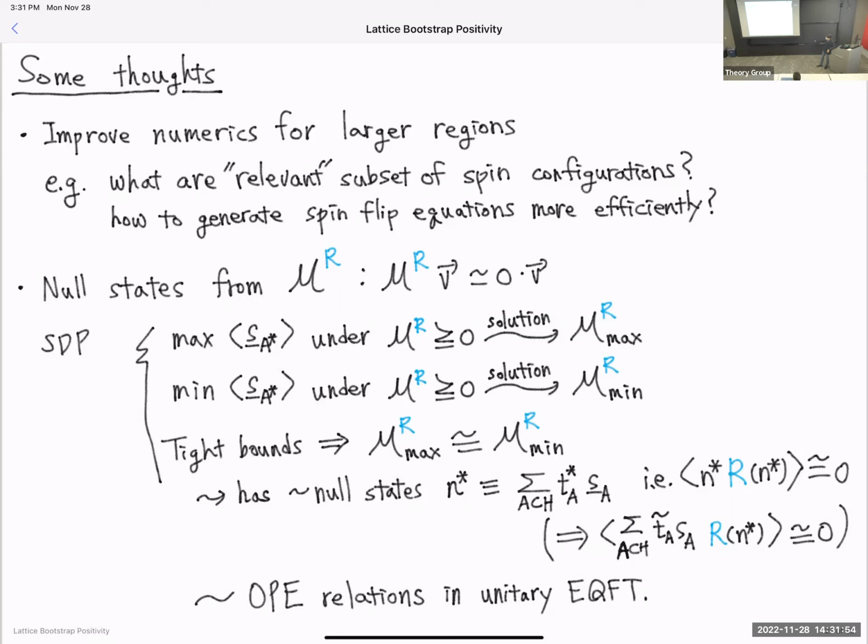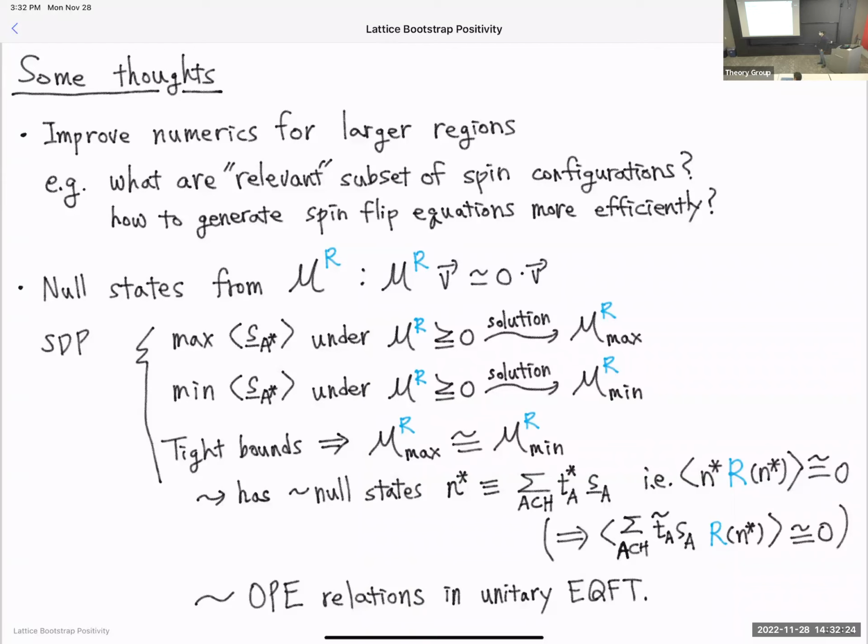So, let me go back to this one. We now have this type of null state, which means that if you want to define some semi-norm in terms of this reflection matrix, this norm is nearly 0. And by Cauchy-Schwarz, this thing times anything on the other half is also nearly 0. The way we currently understand them is roughly like the OPE relations in unitary Euclidean quantum field theory.